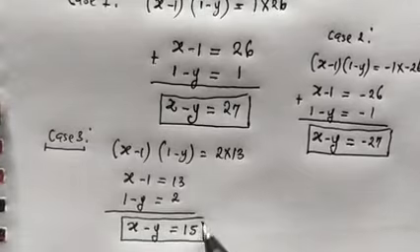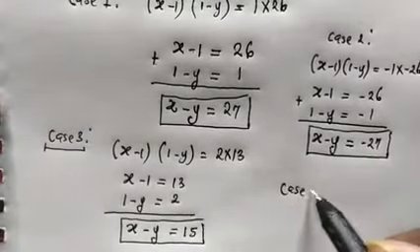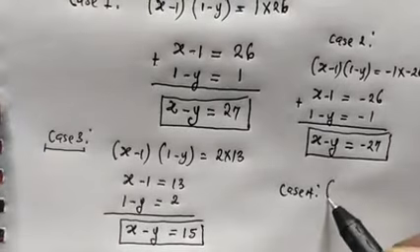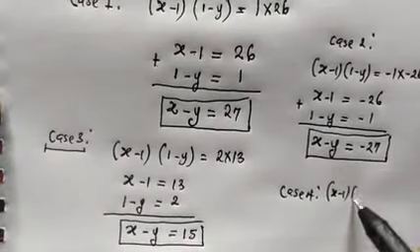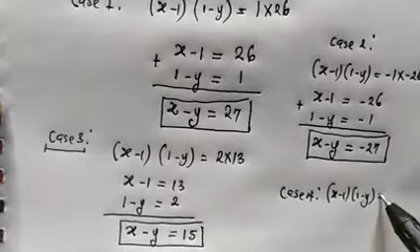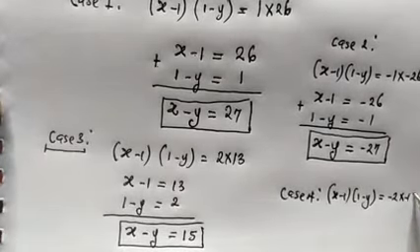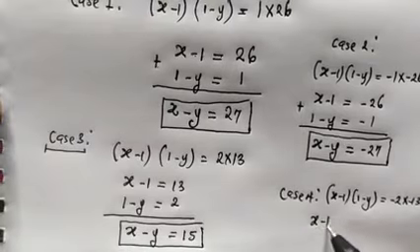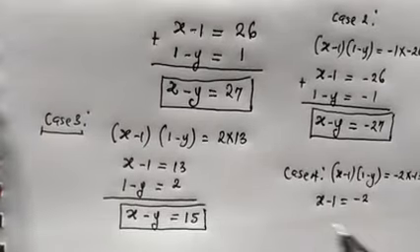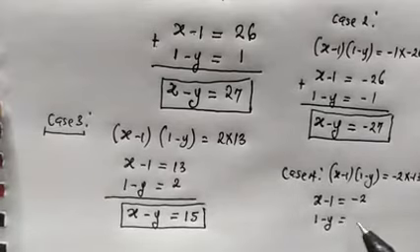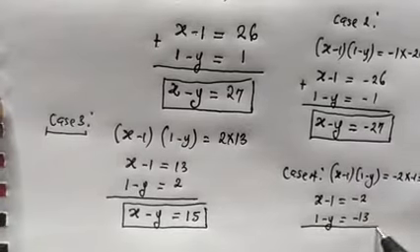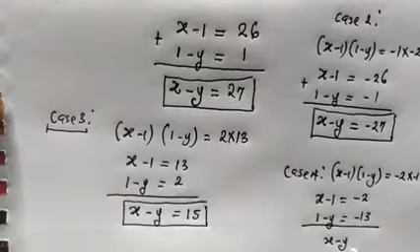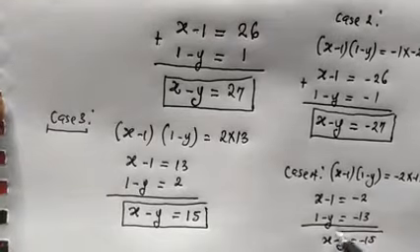Third solution. And the final case here, case 4, this is where we have x minus 1 multiplied by 1 minus y is equal to -2 times -13. So we have x minus 1 equals -2 and 1 minus y is equal to -13. Add both equations, we get x minus y equals -15.